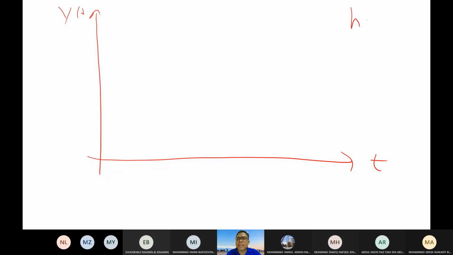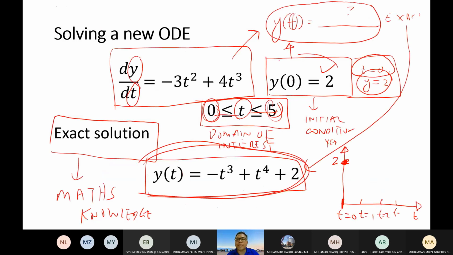So let's say h is determined to be 0.5, no problem. Meaning that the first value of t will be 0. Usually the first t we call t naught, and the first y here we call y naught, which is 2. If you still remember, this 2 is taken from this.